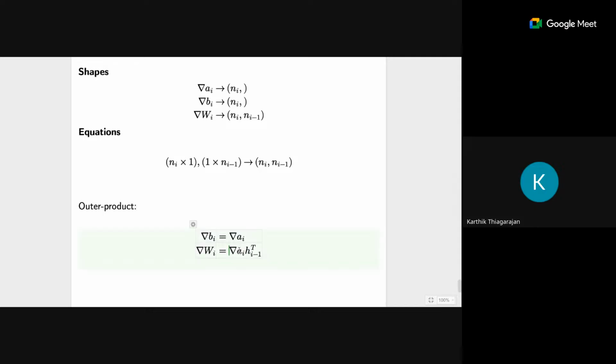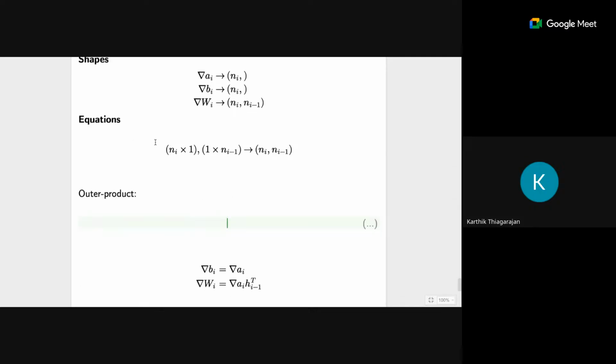One vector is of shape N_i cross 1, which is the gradient of a_i. Another one is of shape 1 cross N_{i-1}. So if you multiply them, you will end up with the desired shape of your weight matrix. Is this fine with everyone? This is how you remember this using just the shapes.